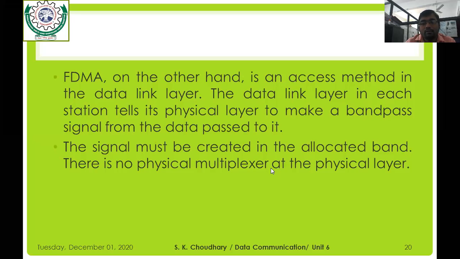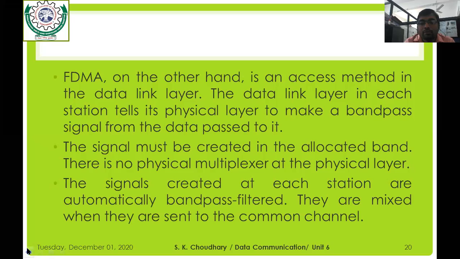There is no physical multiplexer at the physical layer in the case of FDMA. In FDM we use the physical multiplexer at the physical layer, but in FDMA we use the data link layer. The signals created at each station are automatically band pass filtered and mixed when they are sent to the common channel. So it is just an access method. This is the basic difference between the two.